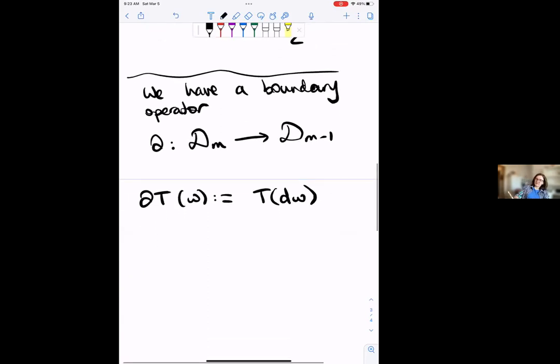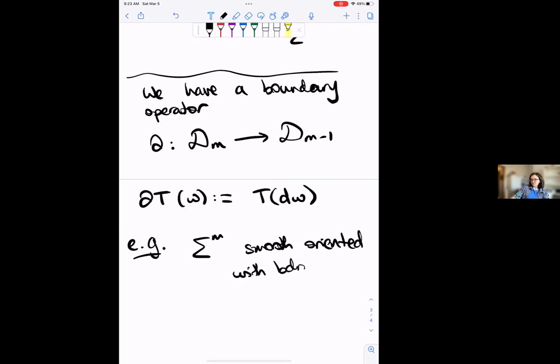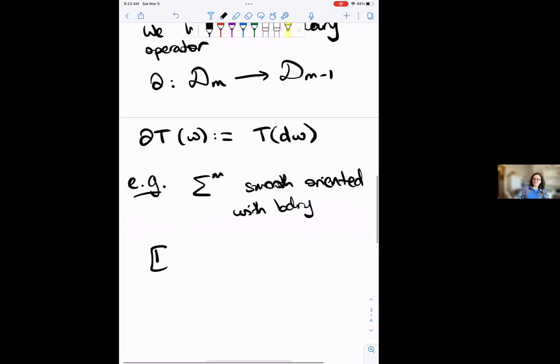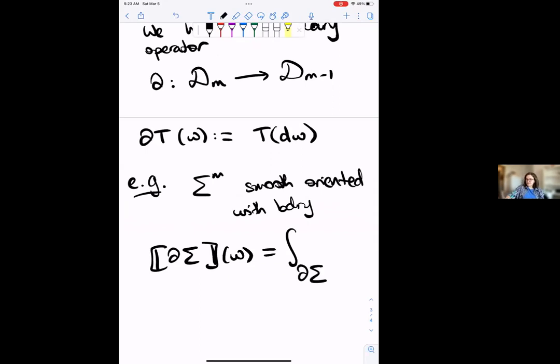So again, if you consider sigma to be a smooth oriented surface with a boundary, then the boundary acts again via integration over the boundary of your surface. So this is an (m-1)-form.